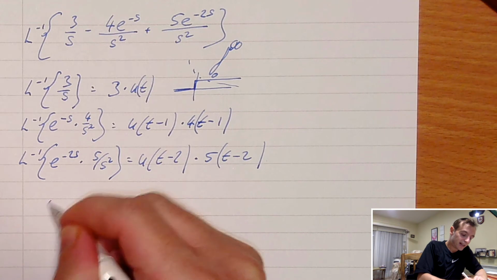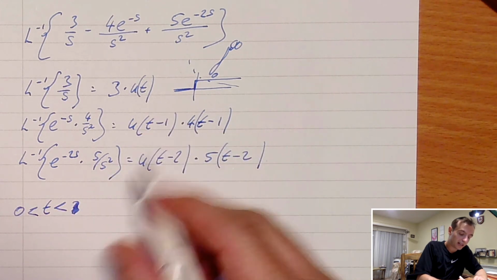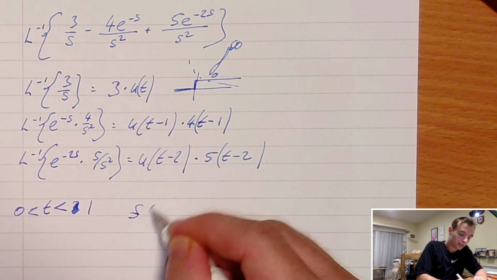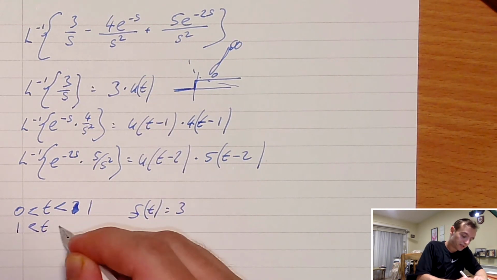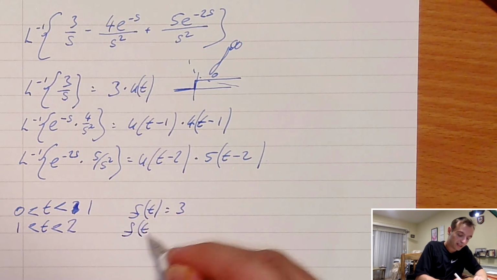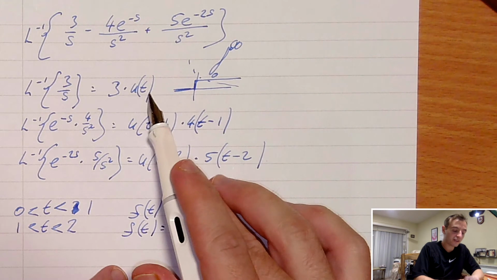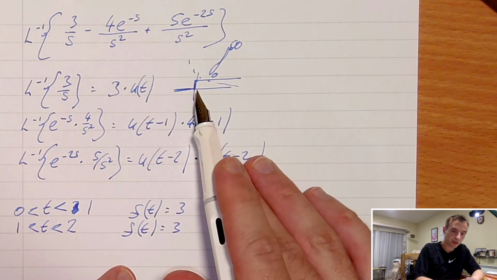So when t is between 0 and 1, it's nice and straightforward. We can say that f of t equals 3. When t goes from 1 to 2, we now have f of t equals 3, because remember, this function is turned on now until infinity. It's permanently turned on after t equals 0.